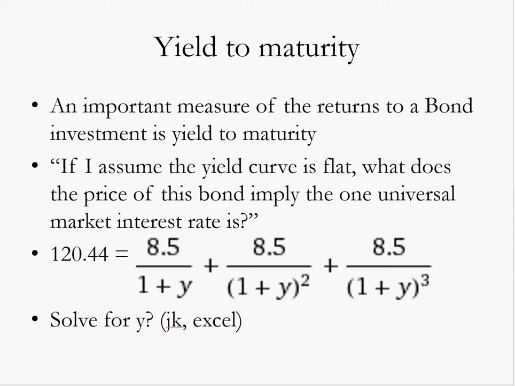So we get an equation something like this, where, sorry, this should be 108.5 there on the end. So 8.5, 8.5, 108.5, and we want to know how we get to 120.44. So we solve for y.